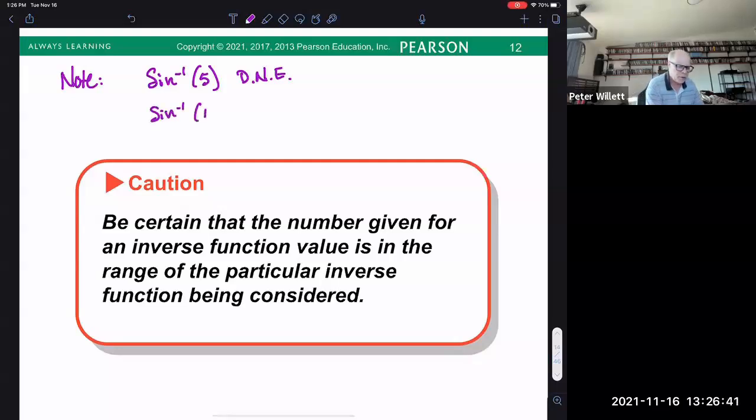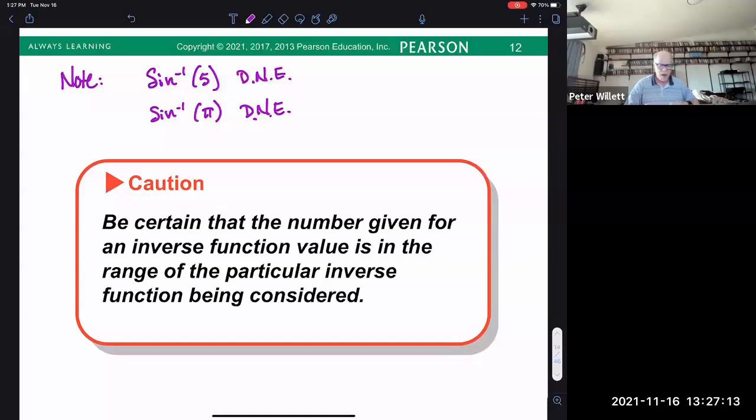Sine inverse of pi. This might look like something you could evaluate because we plug pi into the sine function. Why can't we plug it into the inverse sine function? Looks like something you could do. But again, pi is not between -1 and 1. It's more than 1. It's like 3 point something. And so there's no angle you could plug into the sine function to get a result of pi. So again, this does not exist.